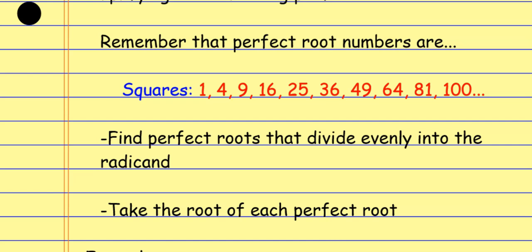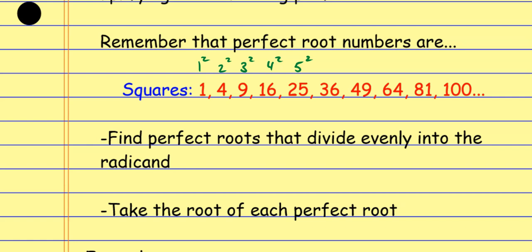Okay? And the reason that works is because this is essentially 1 squared. This is 2 squared, this is 3 squared, 4 squared, 5 squared, okay? That's where these numbers come from. They're something squared, but that's also how the square root works. It's undoing the squaring process, okay?